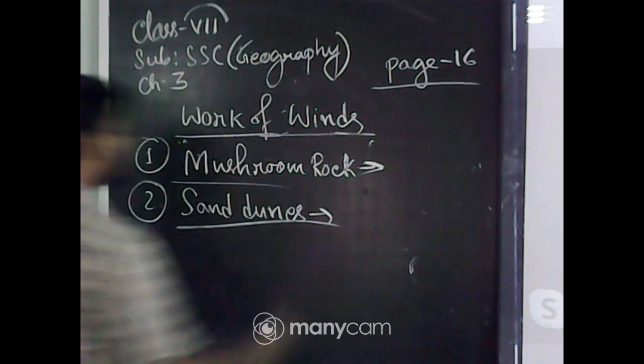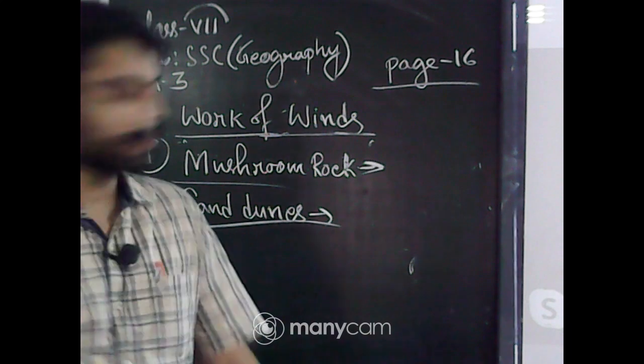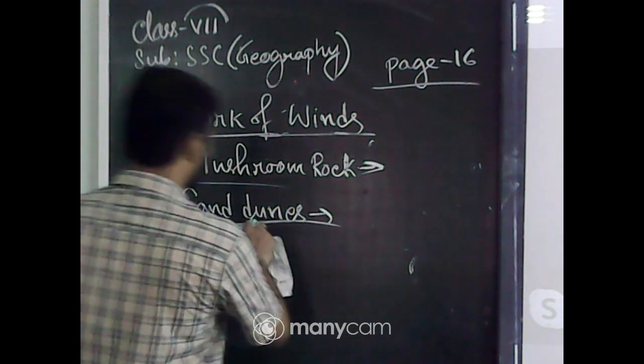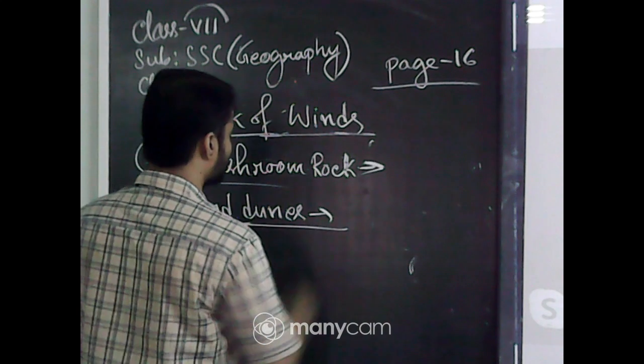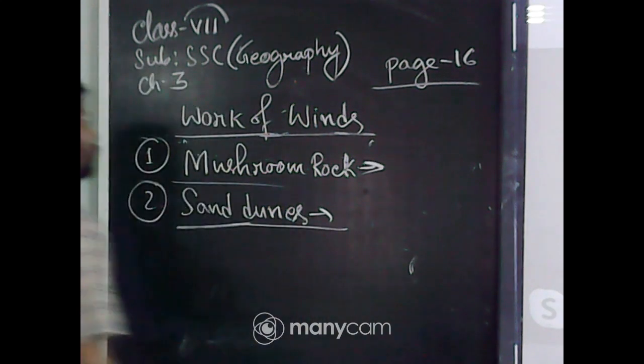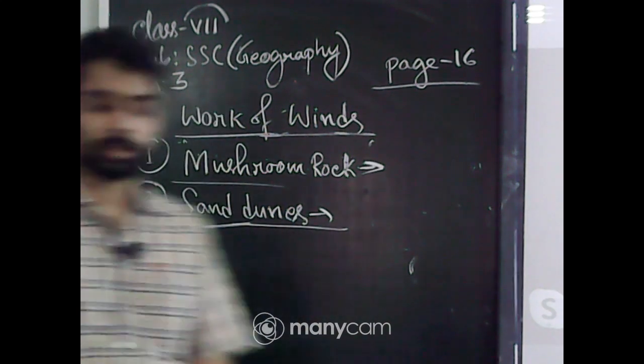What are sand dunes? You have to know what sand dunes are. Sand dunes are a landform also created because of the erosion and deposition of wind.